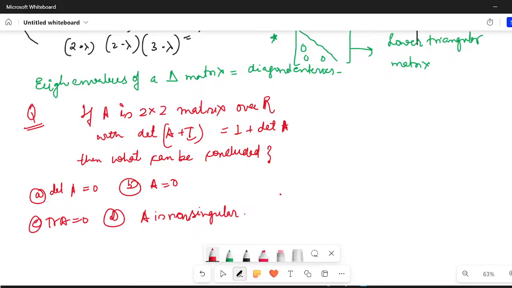Don't worry. Okay. So A is a 2 cross 2 matrix, and it is over R, which means the entries are real. So let me write it here. Just give me a minute.